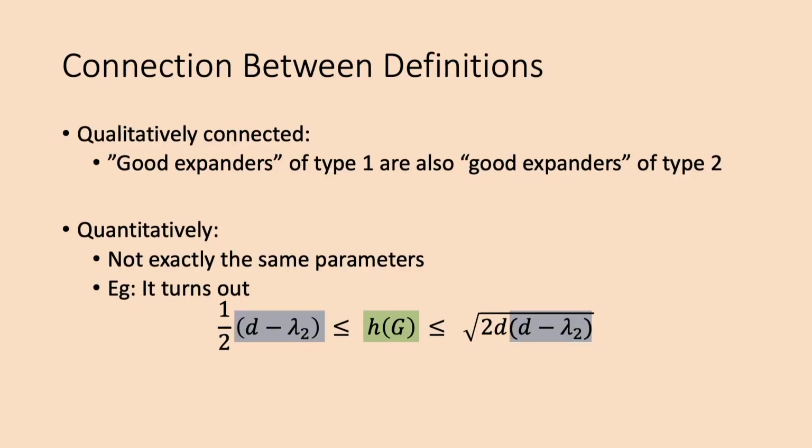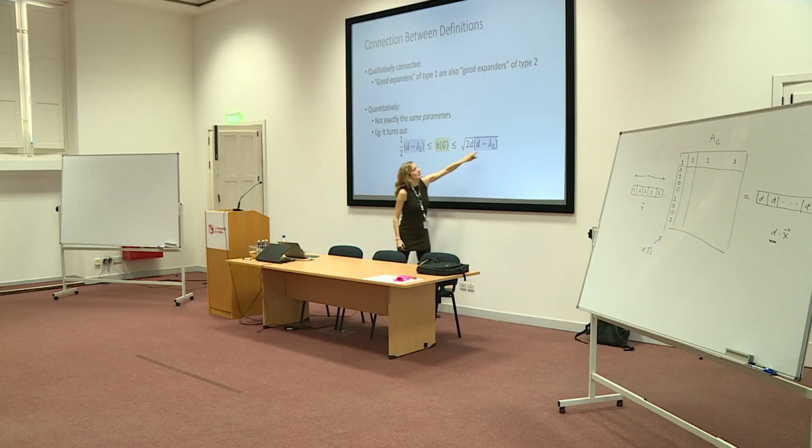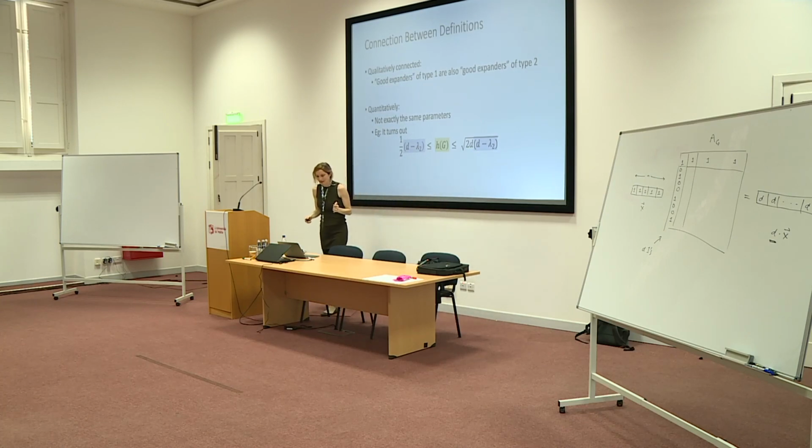But what this means is that this concretely gives you some sort of range. They're correlated with each other. In particular, if this is very big, then this has to also be very big. And vice versa, if this is very big, then this can't be too small either.